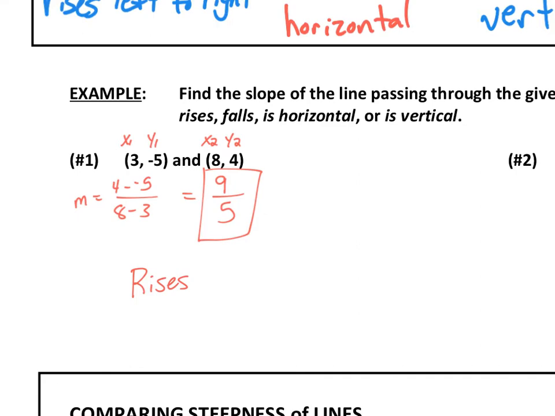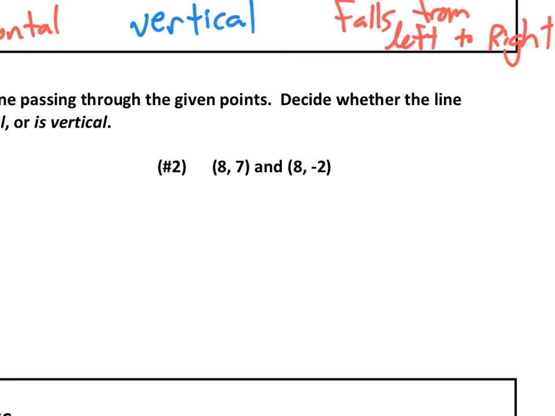In number 2, same thing. We have x1, y1 and x2, y2. So we would find the slope: negative 2 minus 7 over 8 minus 8. So we get negative 9 over 0.